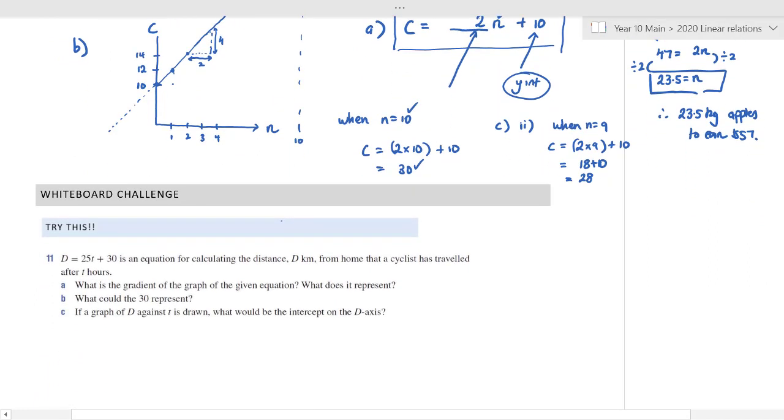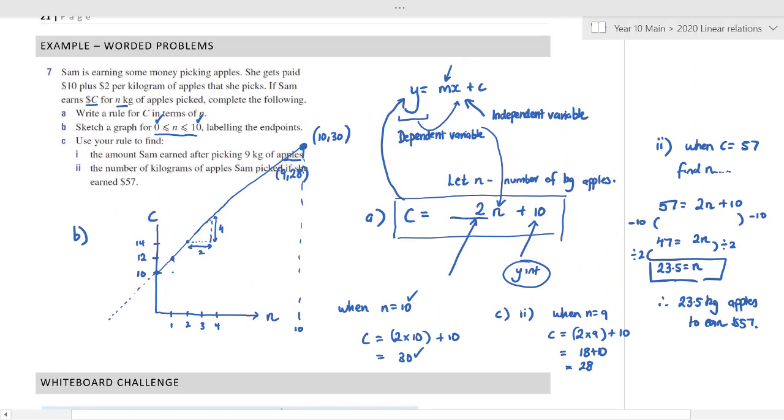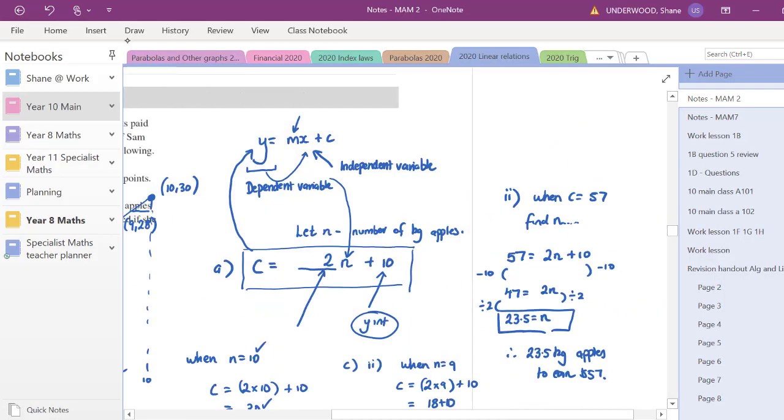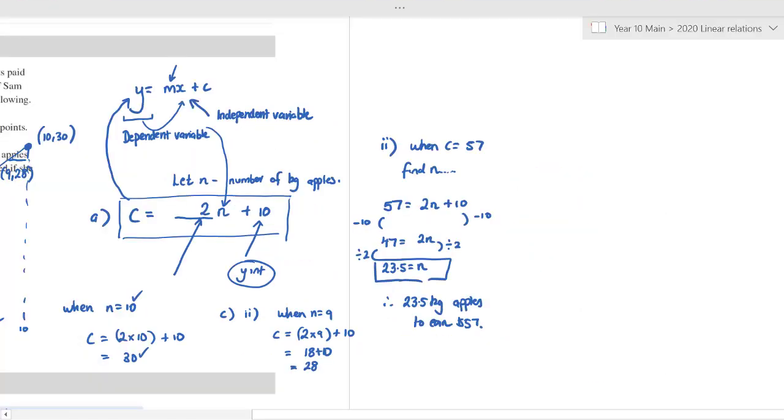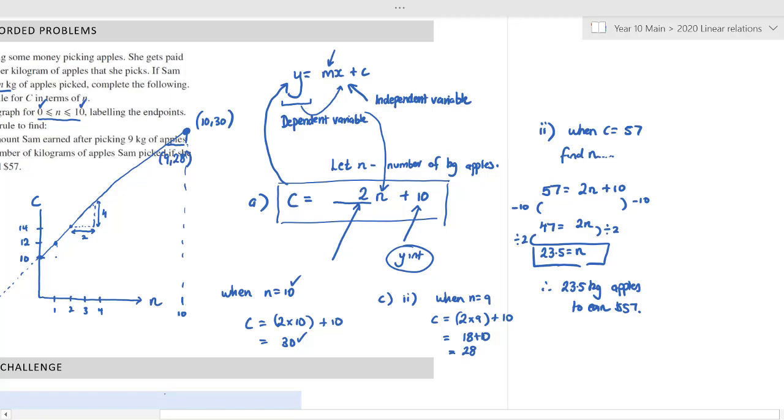We can go through it in class a little bit later, but we do have to move on to finding the equation of a line. Now, if you get that whole concept of y is equal to mx plus c, then we're going to have a pretty good time of being able to find the equation of those lines.